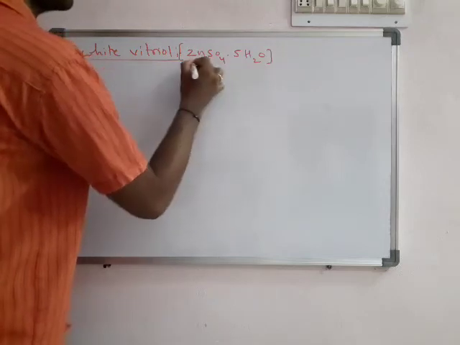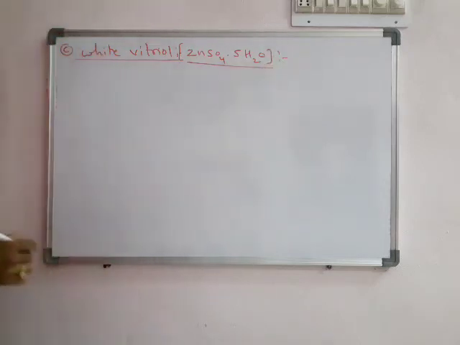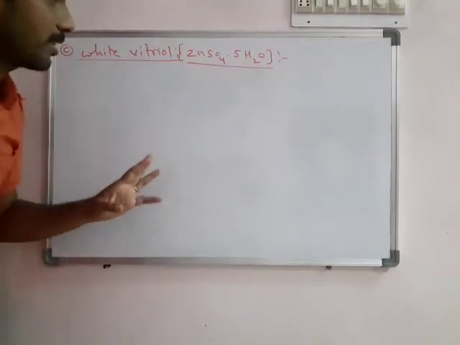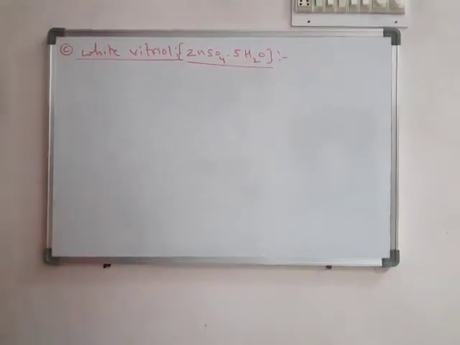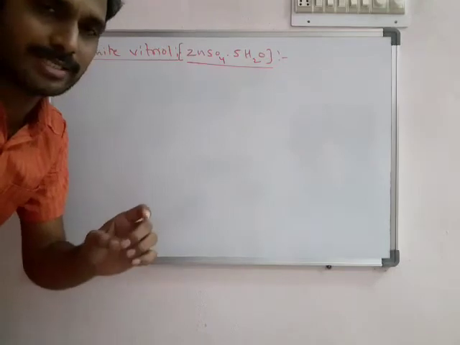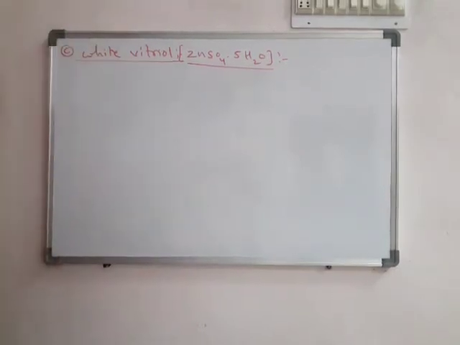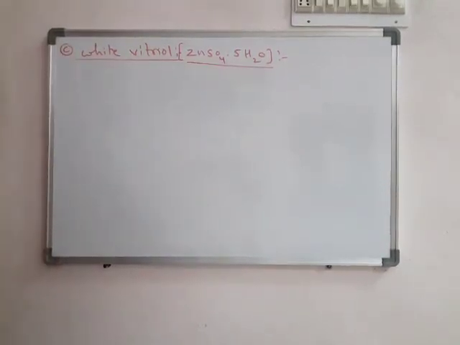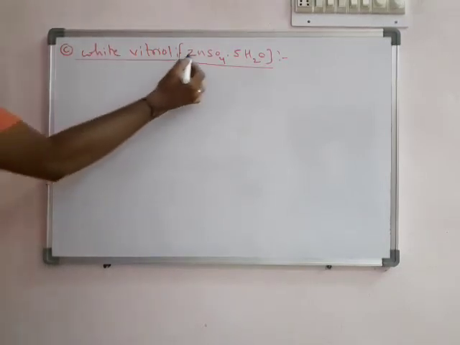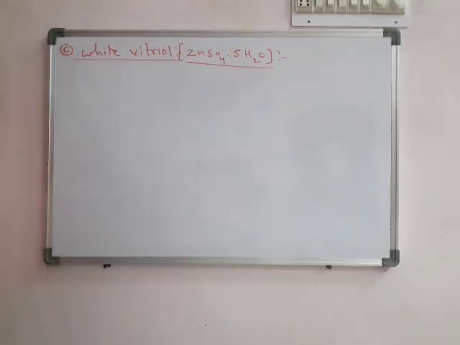Generally hydrated salts are colored salts. So pentahydrated zinc sulfate is present in white color, and white color is also treated as colorless. Now we need to calculate the mass percentage of all atoms: zinc, sulfur, oxygen and hydrogen.